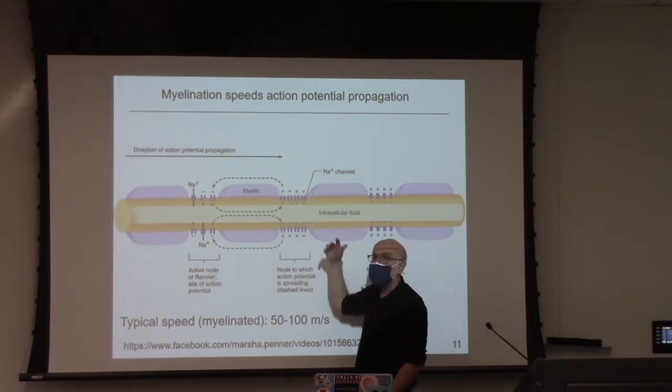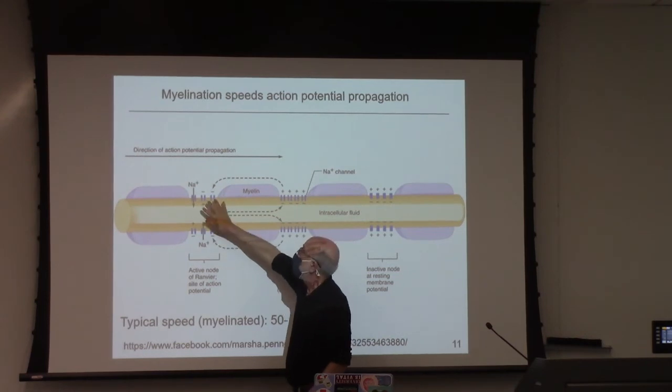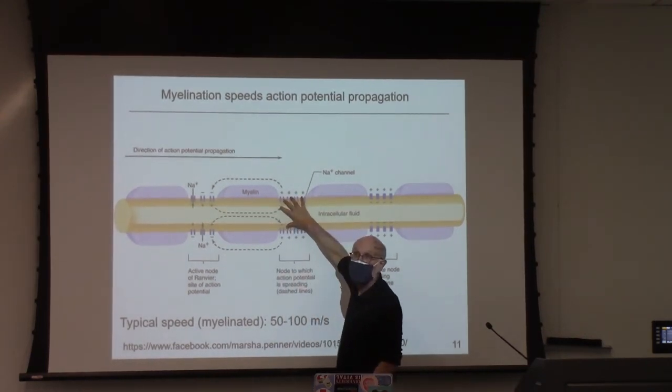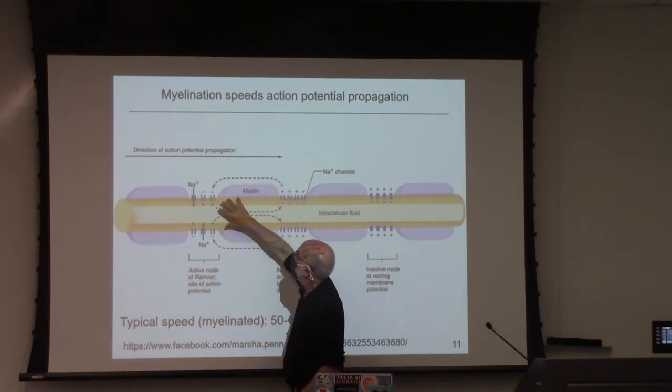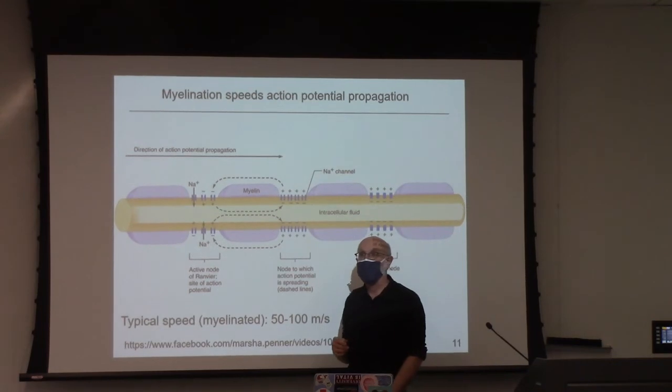So that's faster. If we were to do it unmyelinated, we would activate this patch, and then this patch, and then this patch, and then this patch, and then this patch. Let's just say there would be 1, 2, 3, 4, 5 patches in an unmyelinated axon.